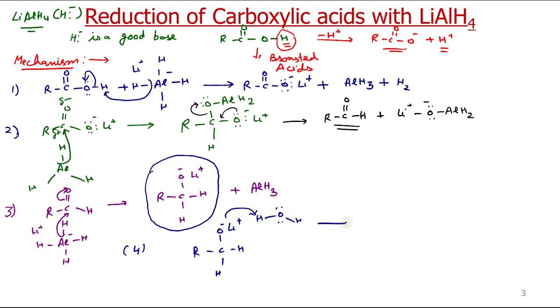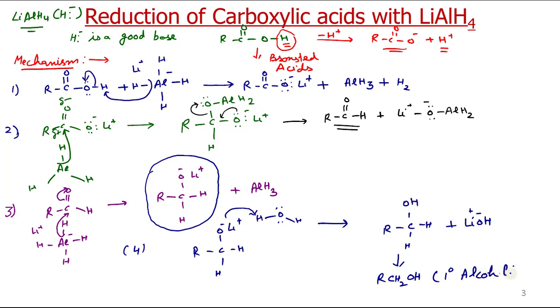What will happen? It will be R C H OH plus lithium hydroxide, Li positive, OH negative. So this is RCH2OH. The product is primary alcohol.